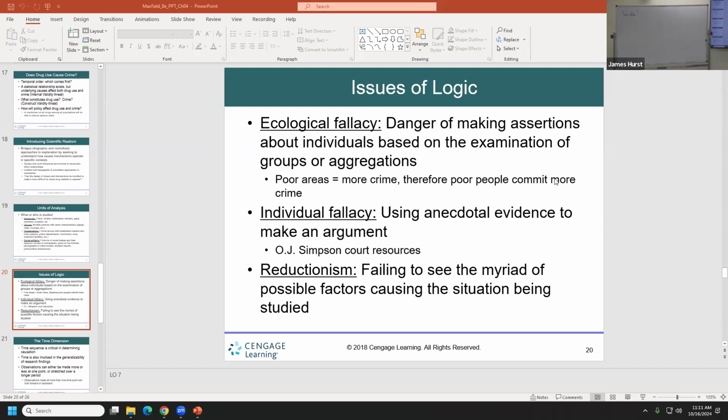Those are all wildly different things. Ecological fallacies happen whenever you cross that line from an aggregate to a lower level measure. The individual fallacy is the reverse. Those are the two biggest fallacies you run into.